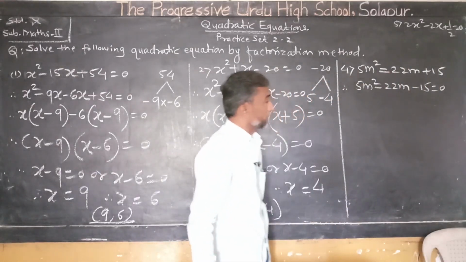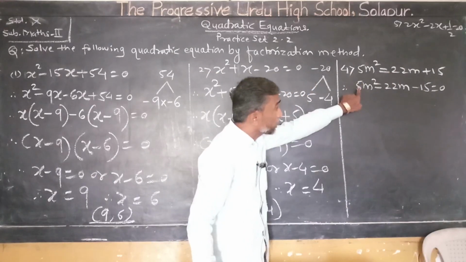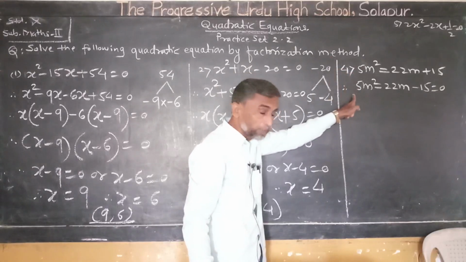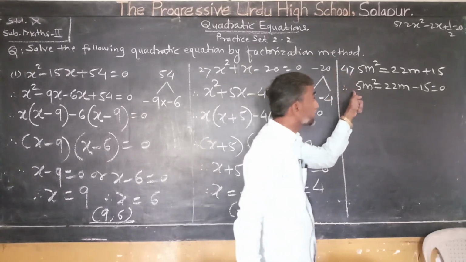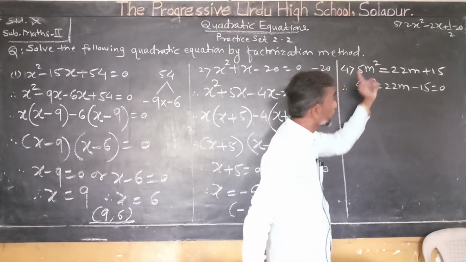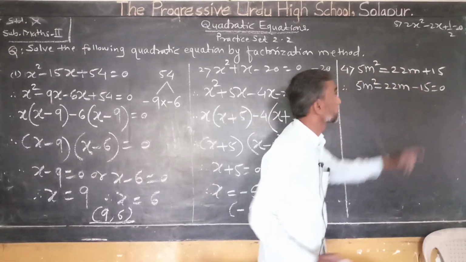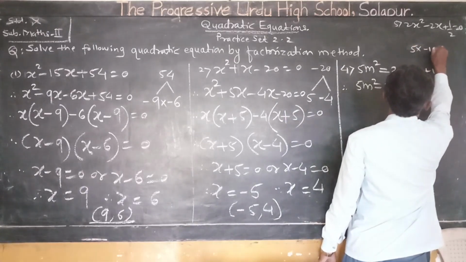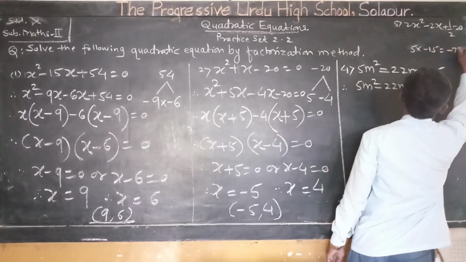If you observe here, the quadratic coefficient is 5. So you should multiply this quadratic coefficient with the constant term, 5 into minus 15, is equal to minus 75.